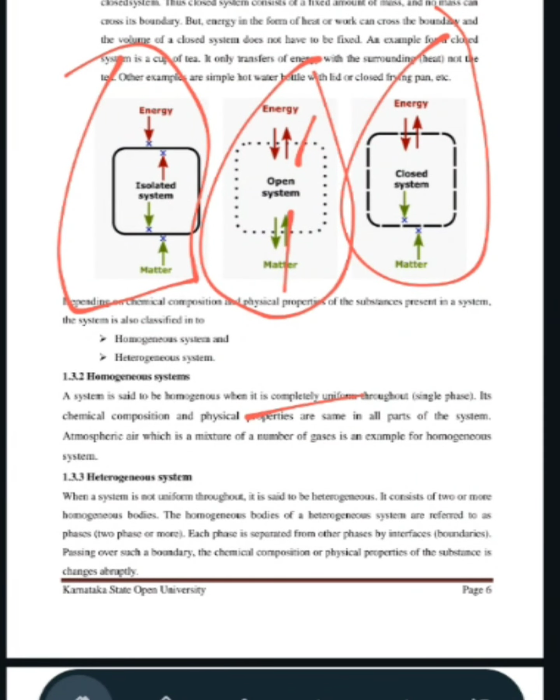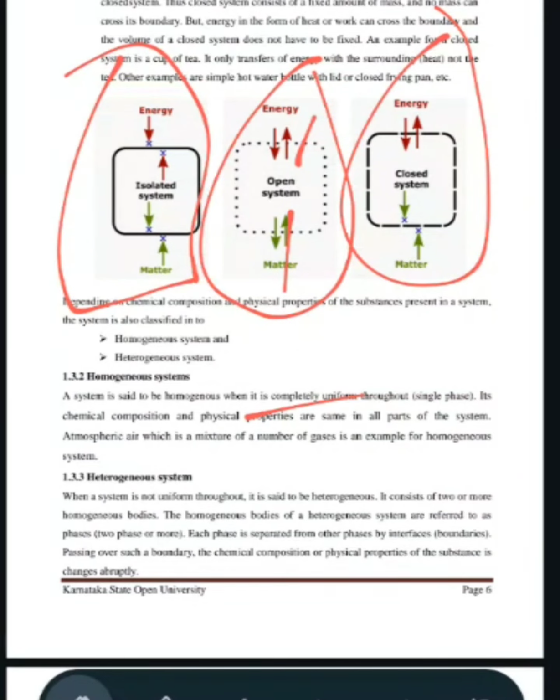This is known as state functions or state variables. So the measure of a property is required to describe the state of a system. So those are state variables. State variables can be denoted as pressure, temperature, volume, mass. These are known as state variables, meaning they can be varied.